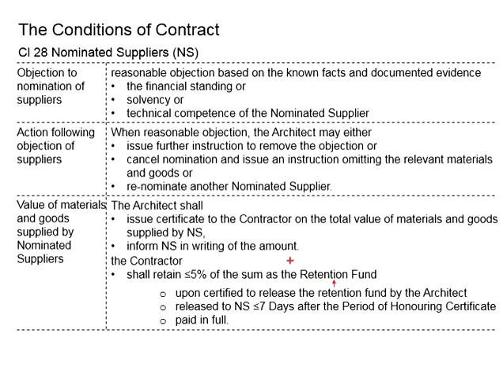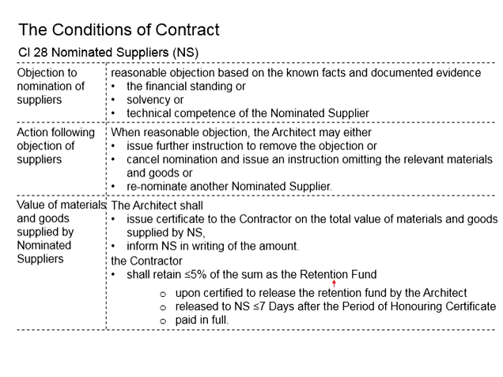We mentioned that the retention fund here is meant to ensure the quality supplied by the nominated supplier is up to the standard. If the quality of the materials is good, after the defect liability period, the retention fund shall be returned to the nominated supplier.